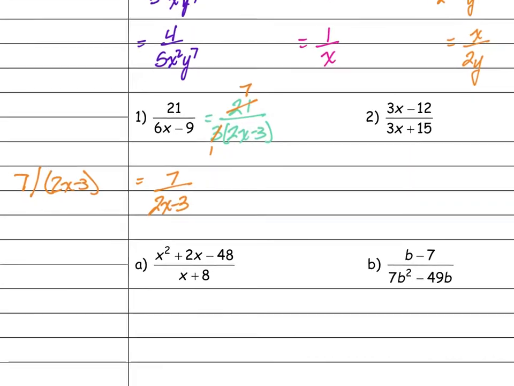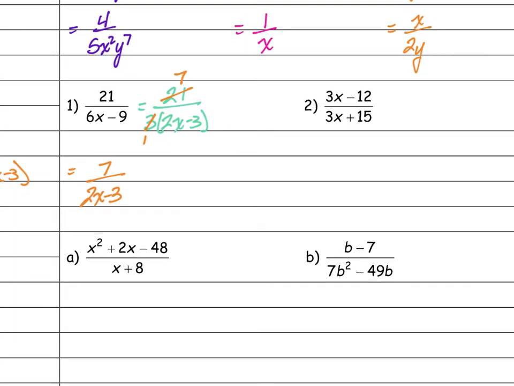Okay. And then in number 2, I think that I can factor out a 3 on the top and should get x minus 4, and factor out a 3 also on the bottom and get x plus 5. So the 3's make a 1. So I should get x minus 4 divided by x plus 5.